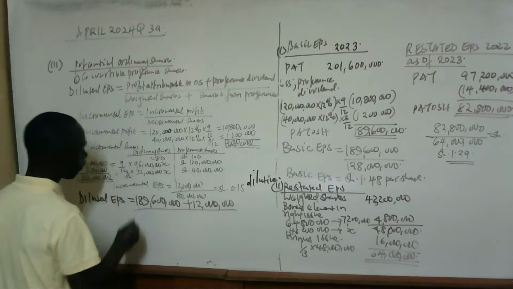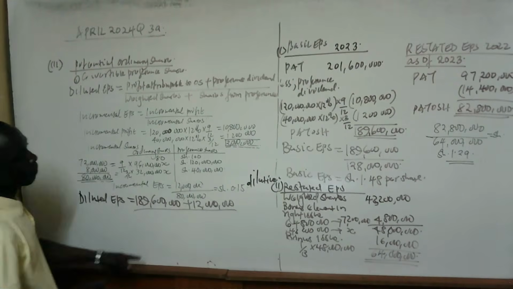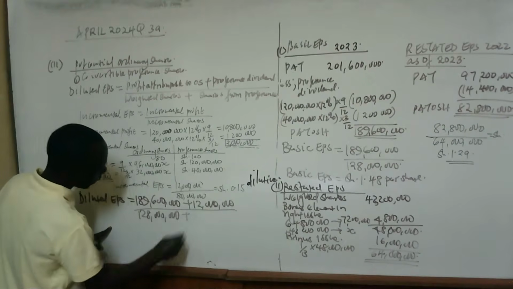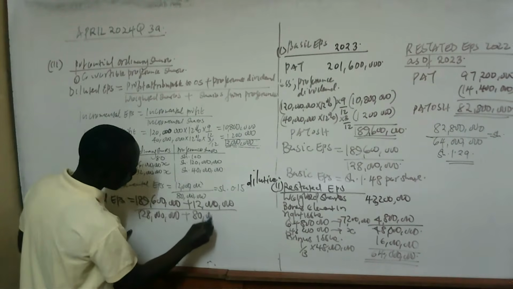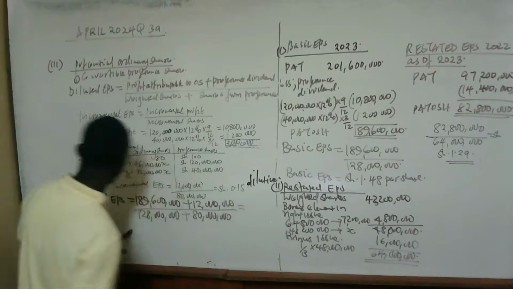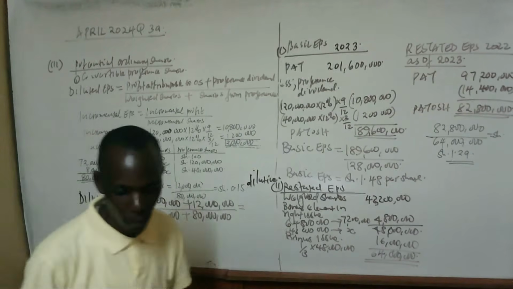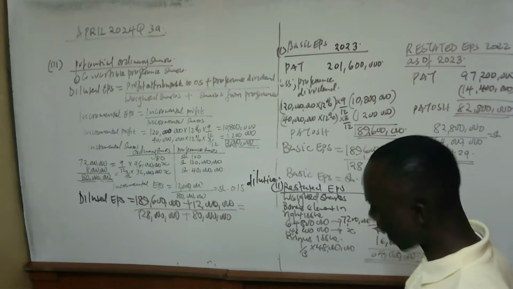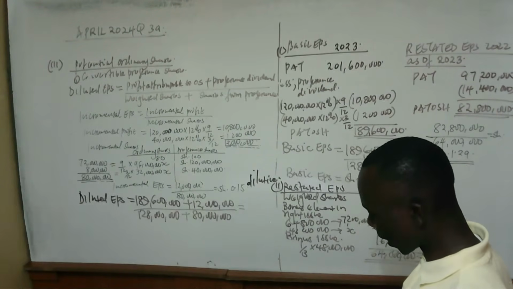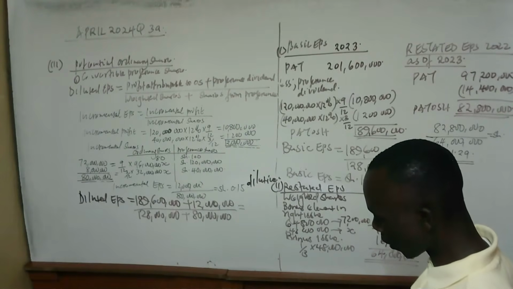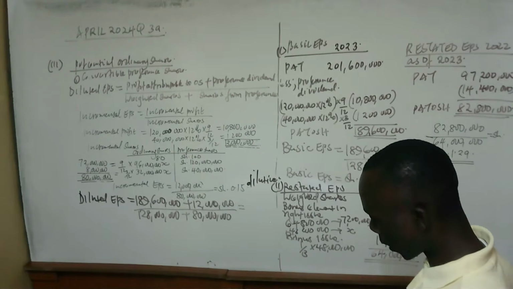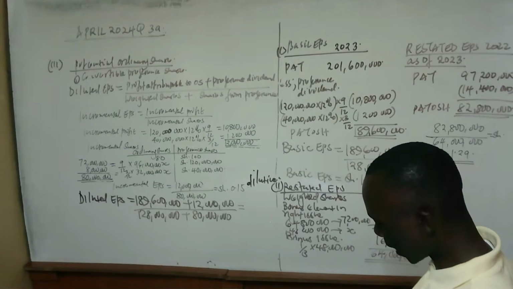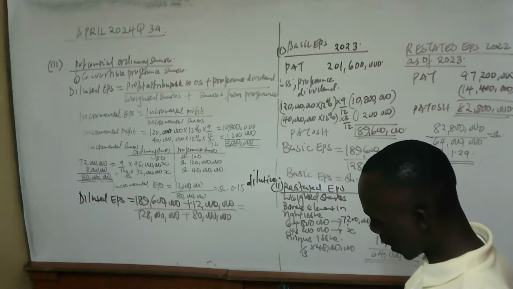Then we divide by 128 million plus 80 million.